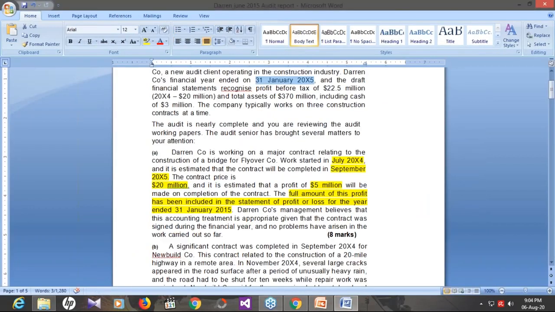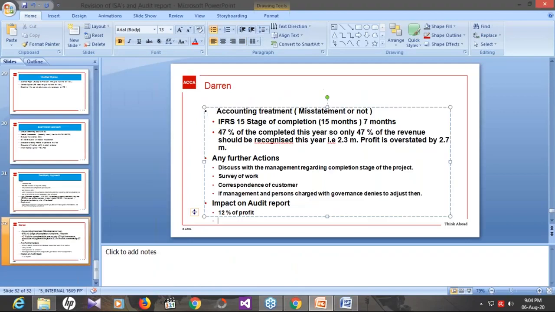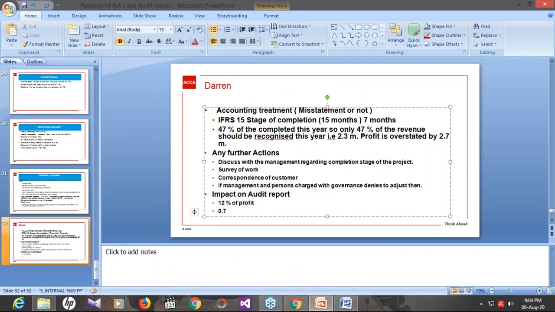And what about assets? If we divide 2.7 by 370, it is 0.7% of assets.